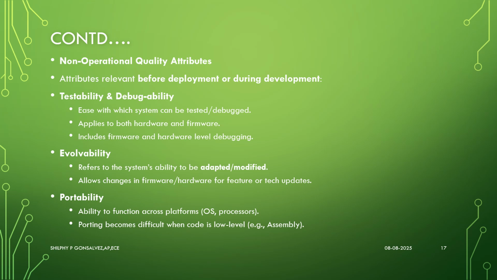It means the ease with which the system can be tested or debugged. How easily we can debug a particular system. Evolvability refers to the system's ability to adapt. Portability is how easily it can be ported to different platforms, different operating systems.